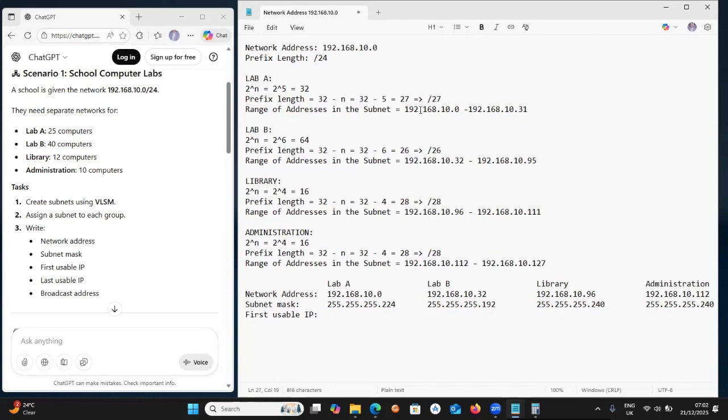So this is the network address, this is the network address, this is the network address.